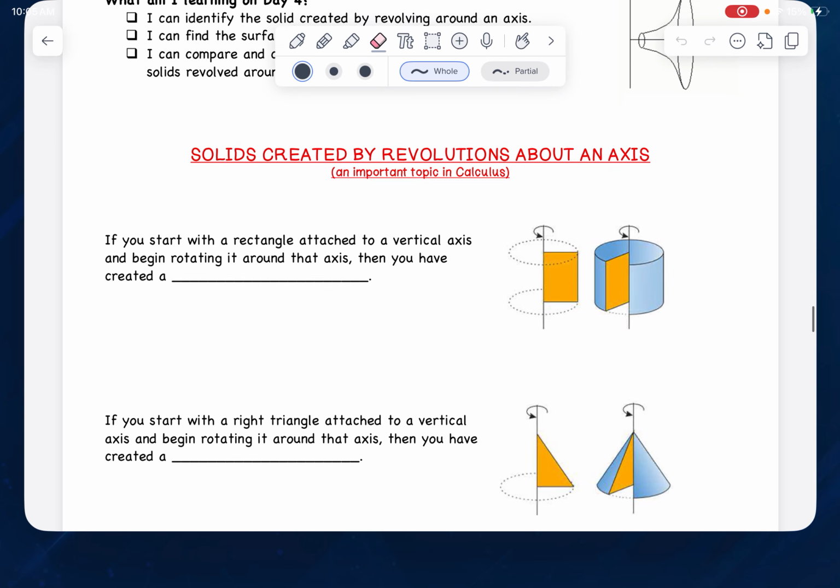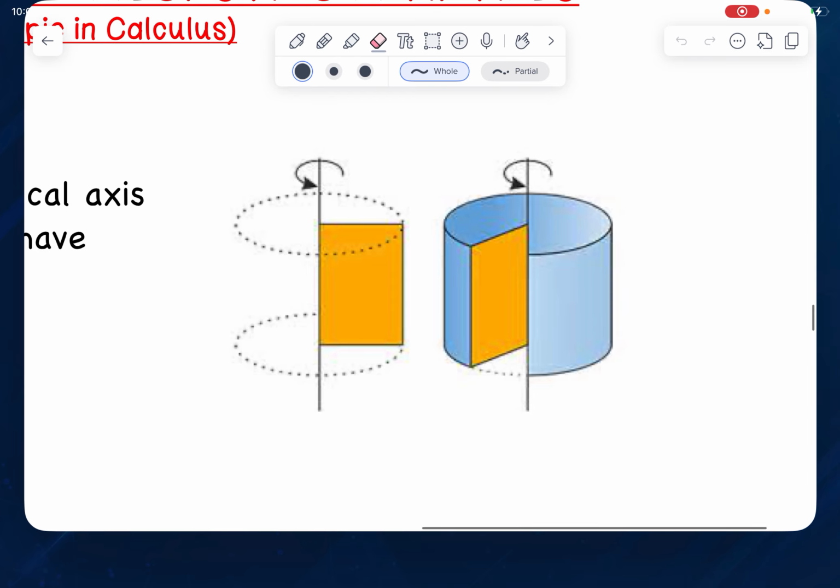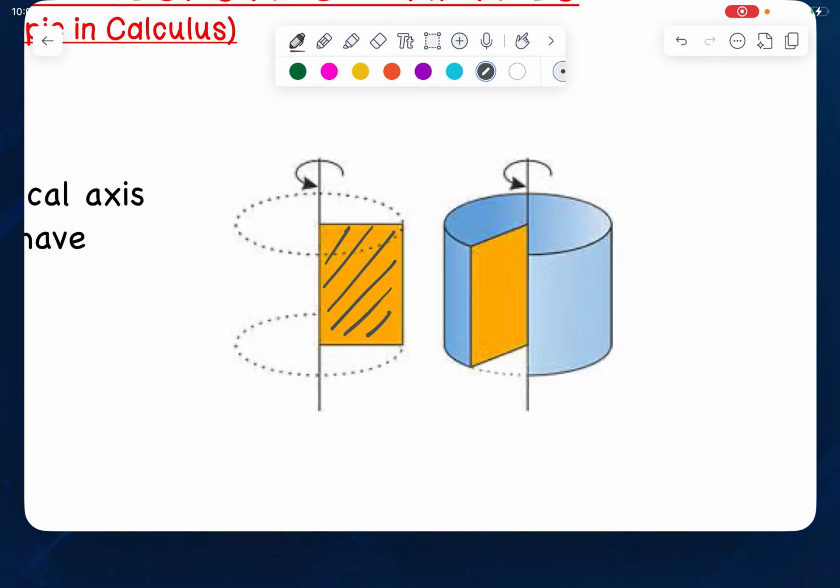So I've put some illustrations on here. So I'm going to zoom in. You'll notice on the left, we're starting with a rectangle, right? Imagine I have a pencil. Here's the eraser, all that good stuff. So imagine I tape a rectangle to a pencil and I spin it around, and I start rotating the pencil.